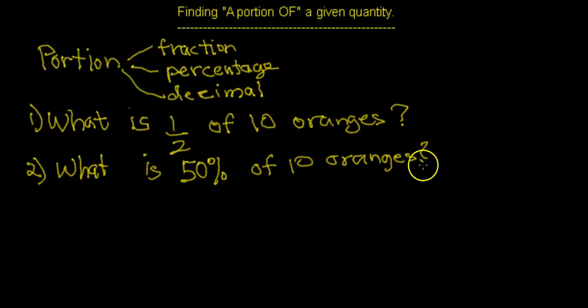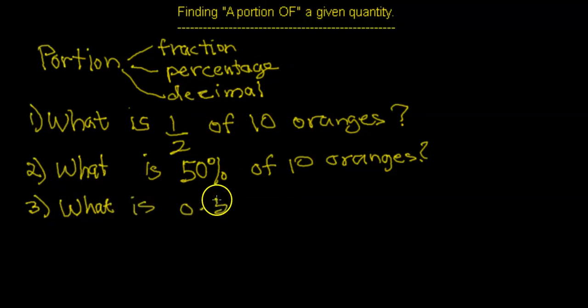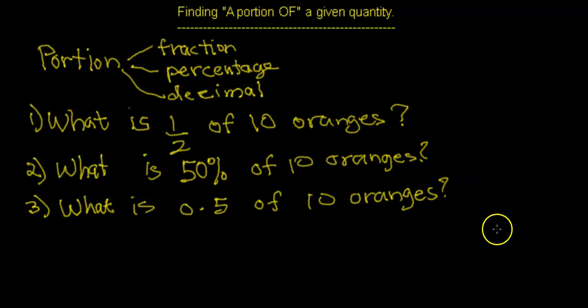And then number 3, you can also say what is 0.5 of 10 oranges? They all mean the same.